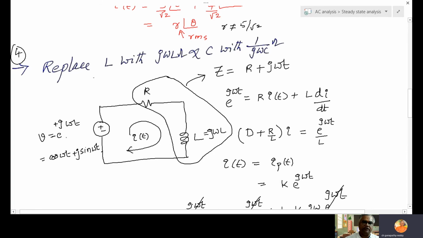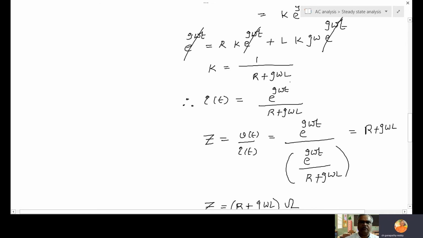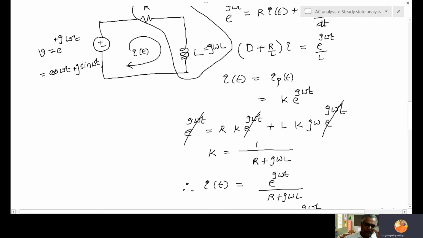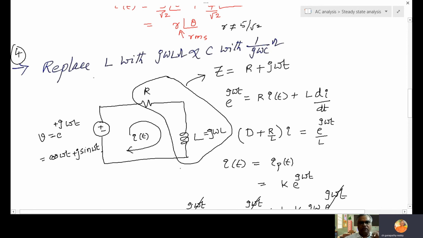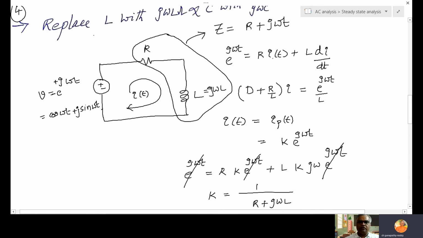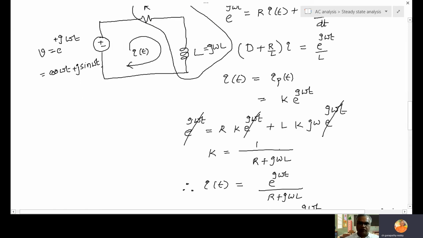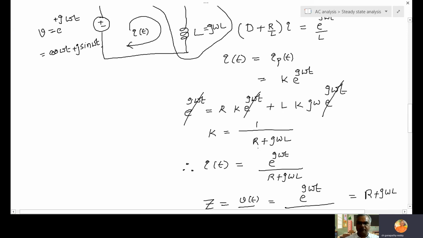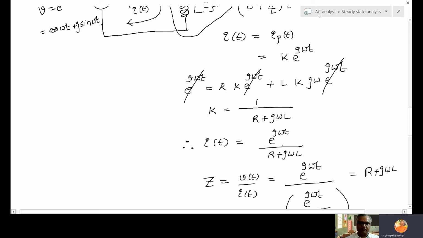You get this answer directly. So initially, we started writing the equation in time domain. Then we assumed a particular solution, substituted in the original equation, solved for k, replaced k with this, then you got the answer.